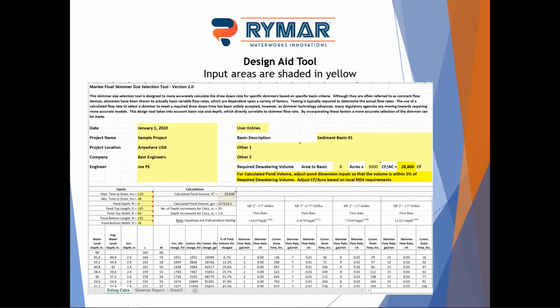It could be 2, 3, 4 times as much. And so if you base your skimmer size on that much larger volume, you're going to find that you're going to drain out the required volume in less than the time required. So you'll actually use a bigger skimmer, drain it too fast, and you won't be meeting your requirements for settling time.